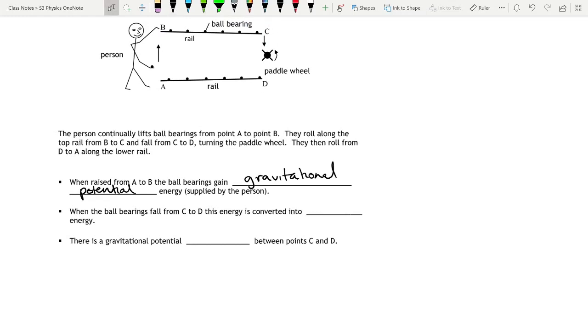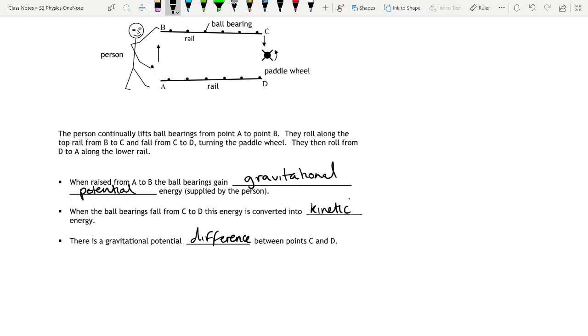Because it's moving the paddle wheel. Kinetic energy, yeah. So there is a loss of gravitational potential energy up here and not much down here. So there's a difference between the levels of gravitational potential energy. So there's a gravitational potential difference between C and D.